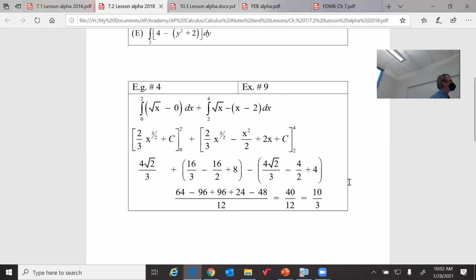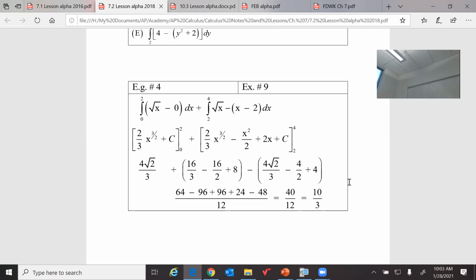So I've got root x take away 0. What is that? That's the height. Dx is the width. And I want to add up all those thin vertical strips from 0 to 2.